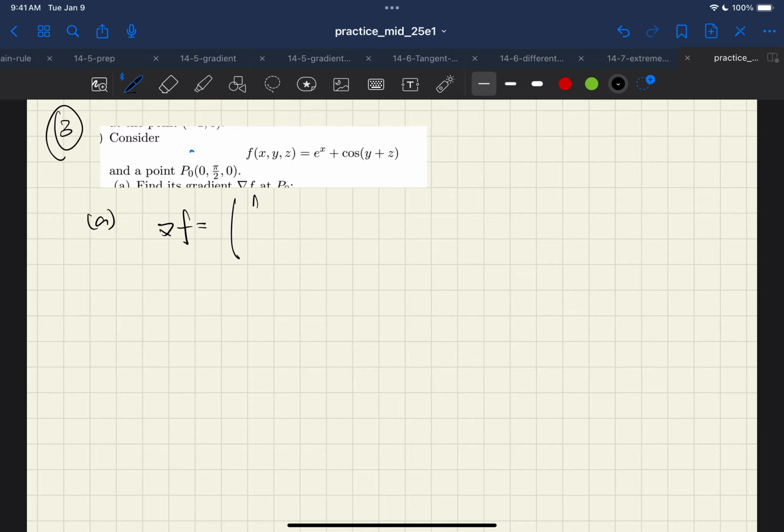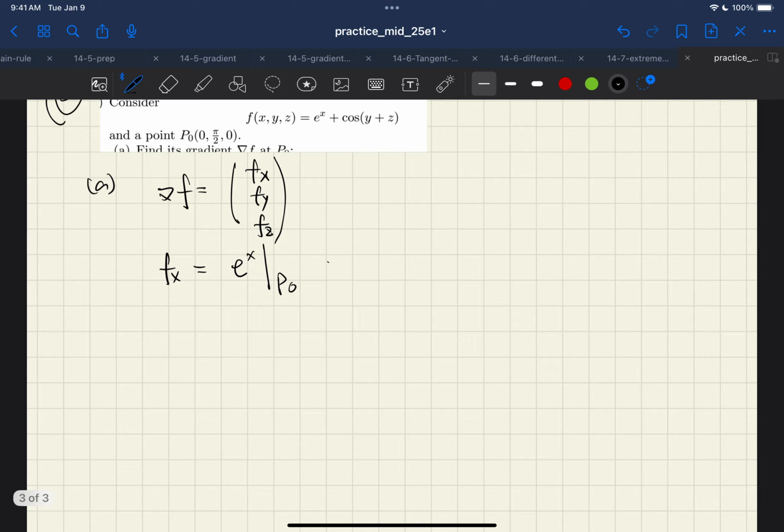For 3 variables, this is fx, fy, fz, so it's equivalent to asking 3 questions. What is fx? This term has nothing to do with x, so its derivative with respect to x is 0. The derivative of e to the x is e to the x, and if you plug in p0, where x is 0, e to the 0 is 1.